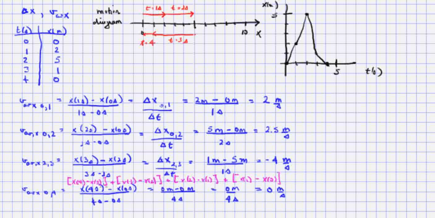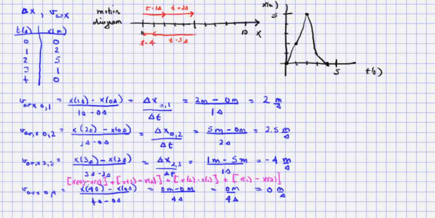So convince yourself algebraically that this magenta algebraic term is the same as this blue one in the numerator. And it is because this and this cancel, this and this cancel, this and this cancel, and you're left with just this x4 minus this x0, which is what the blue numerator is.